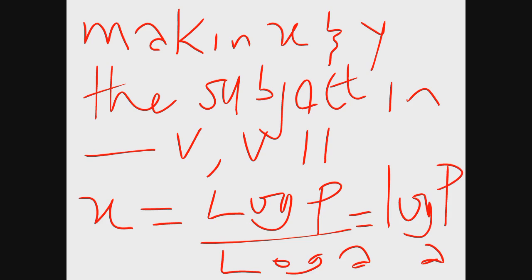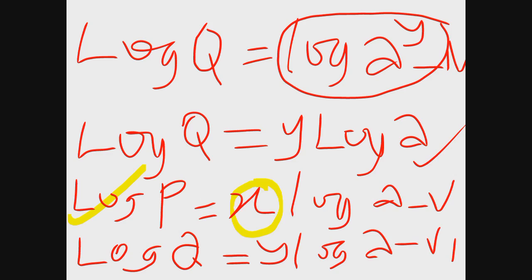Now we are getting the expression for x, which is what we are actually driving at. As we have gotten the expression for x, we have to get it for y too. We make y the subject in equation 6 by dividing both sides by log a.